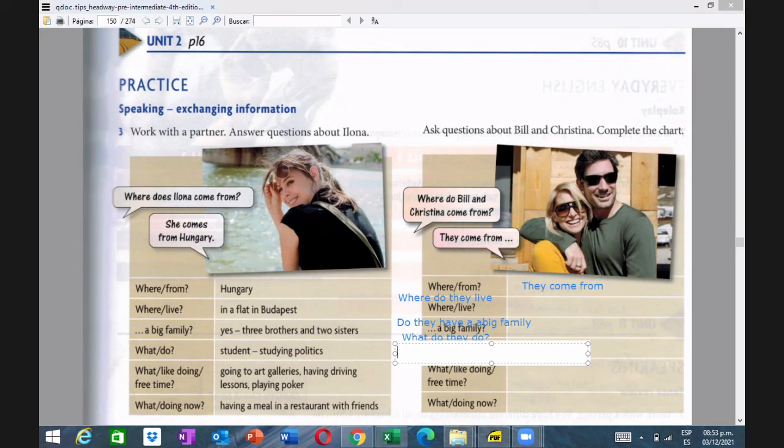Repeat. What do they like? ¿Cuál es el verbo? What do they like? ¿Qué le sigue? Going o doing? Doing. Perdón. Doing, sí, very good. Doing in their free time. Okay. In their free time. That's the correct question. What do they like doing in their free time?